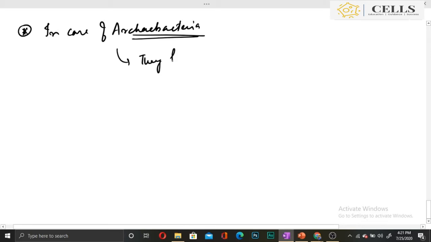That is about the heading though, Archaebacteria. In Archaebacteria they actually have L-glycerol. Very important.